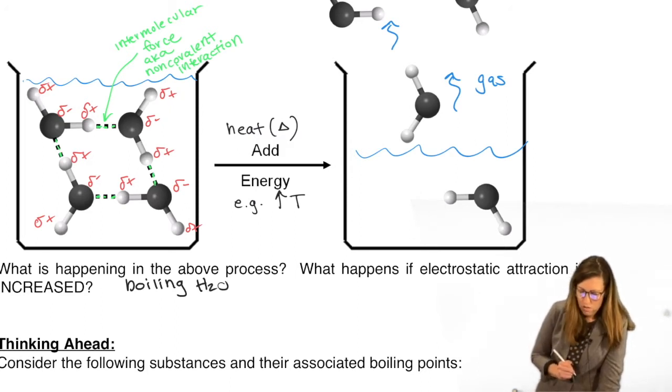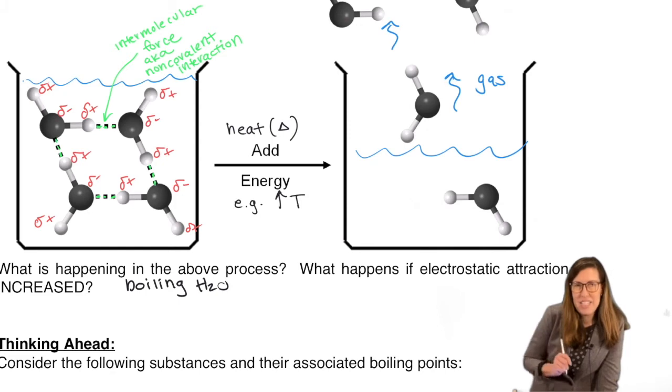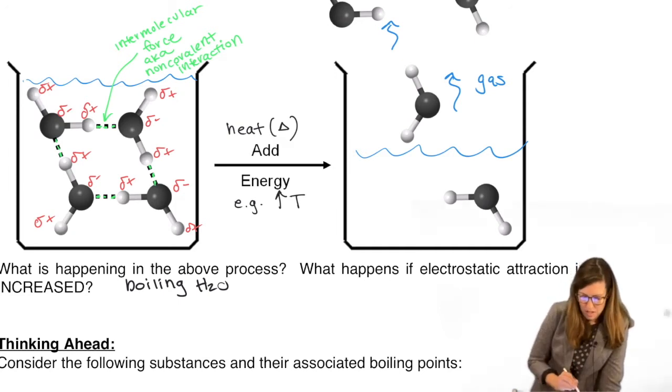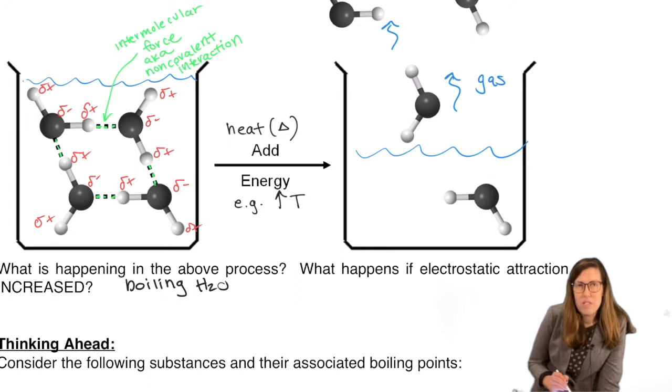Okay, so knowing that boiling will break up these interactions, who has a higher boiling point? Molecule in pot A with weaker green bonds, or molecule in pot B with stronger green forces? IMFs, we call them, intermolecular forces. Who has a higher boiling point?